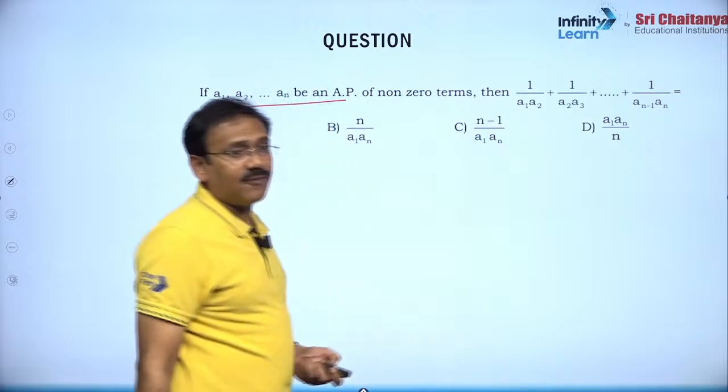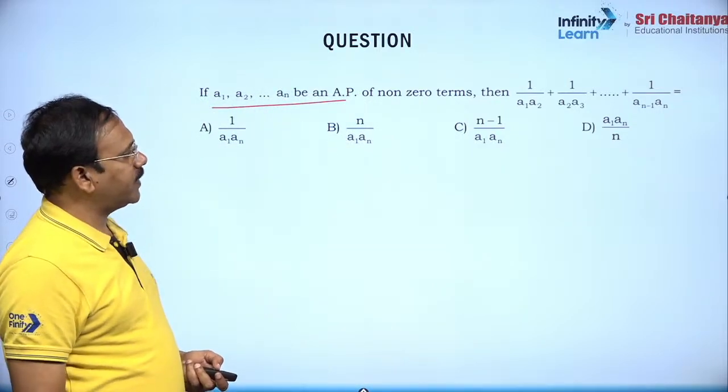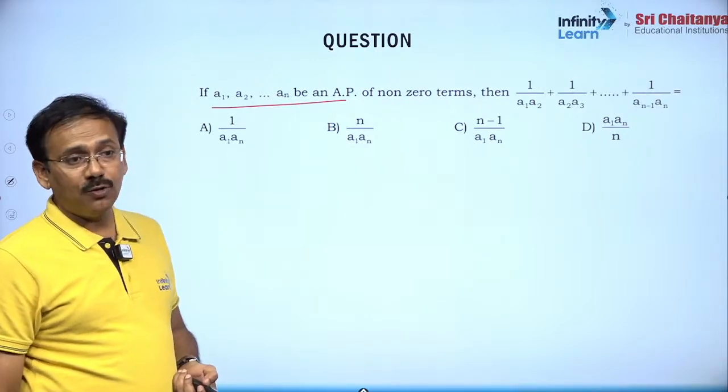So given 1 by A1 A2 plus 1 by A2 A3 plus and so on up to 1 by A(n minus 1) AN, what could be the answer?